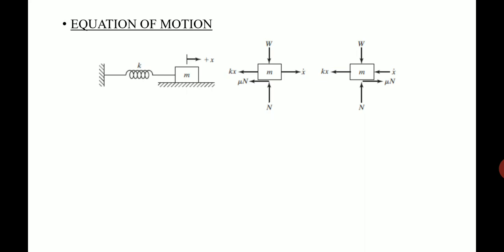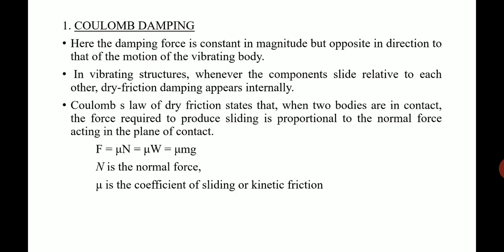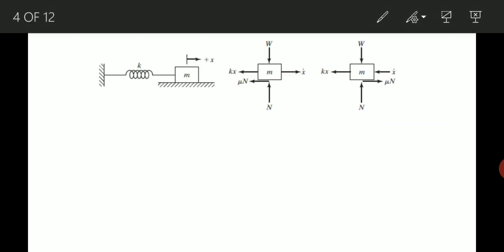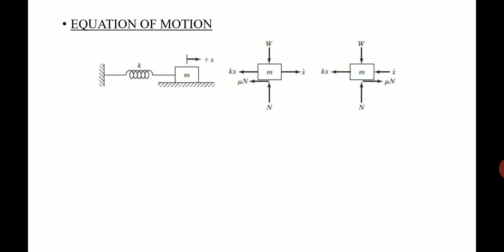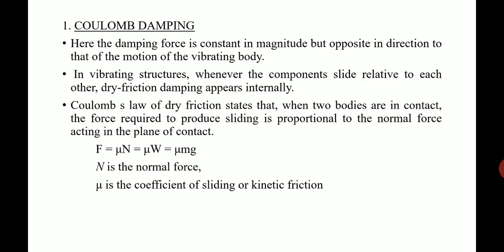So from that, let's try to develop the equation of motion. As you can see, the acceleration, the displacement x is towards the right side, the velocity is towards the right side, also the spring force is towards the left side, as well as the frictional force is also towards the left side.